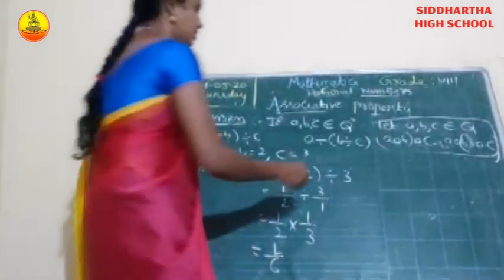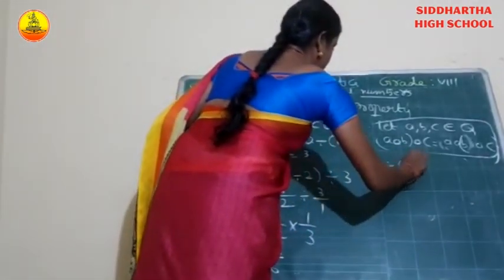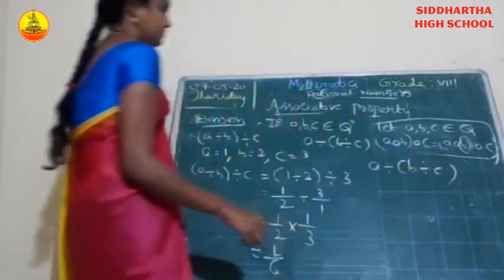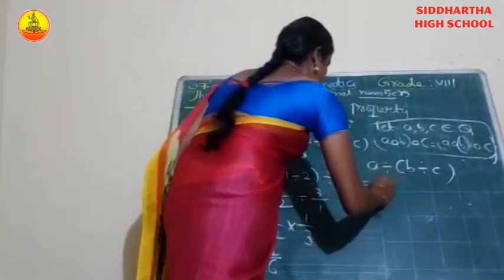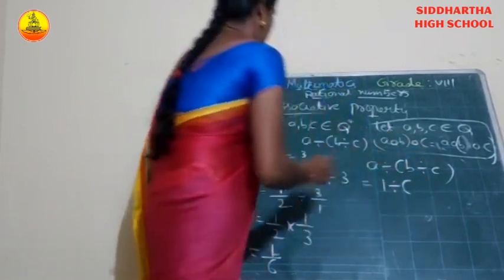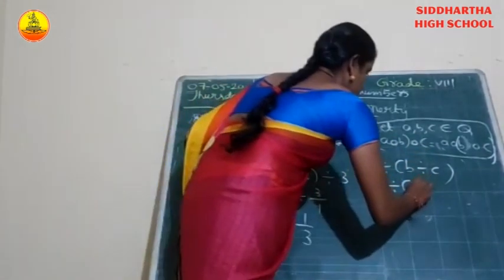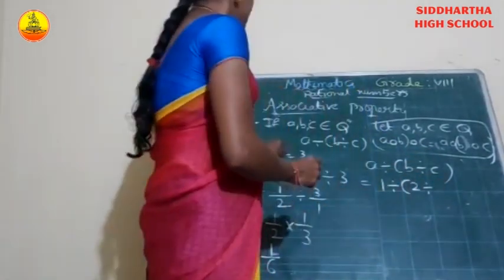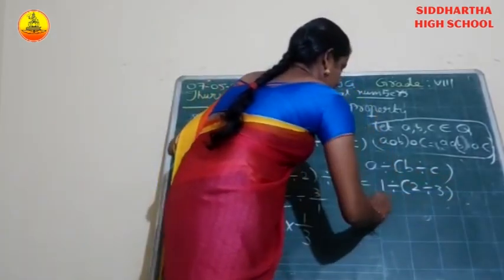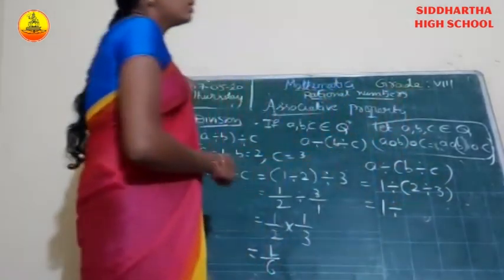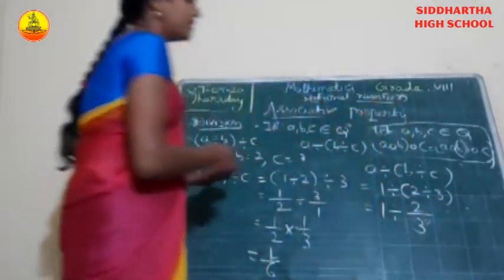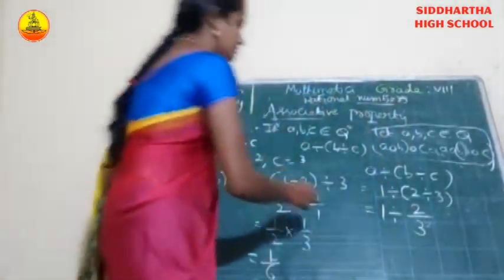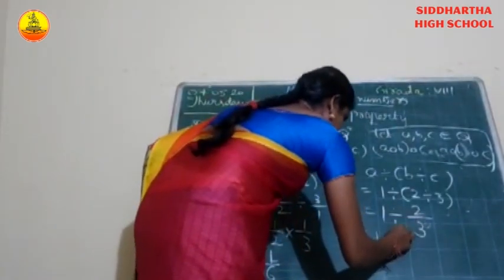Now we will go for A divided by (B divided by C). So, what is the value of A here? 1. 1 divided by, what is the value of B here? 2 divided by C value 3. 1 divided by 2 by 3. Now division symbol changes into multiplication symbol.